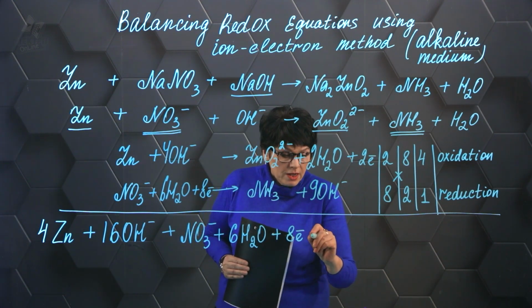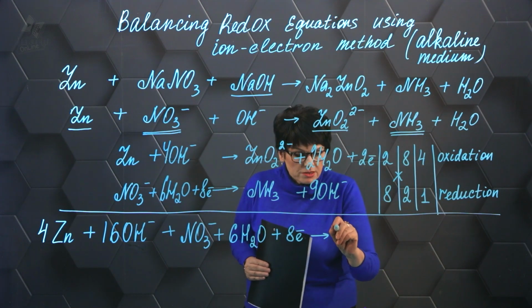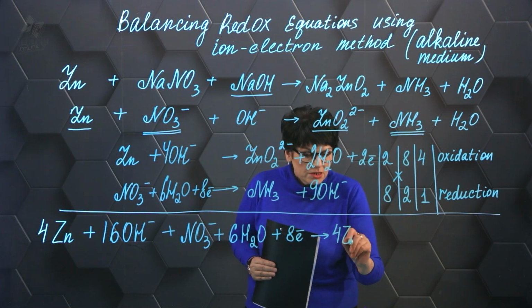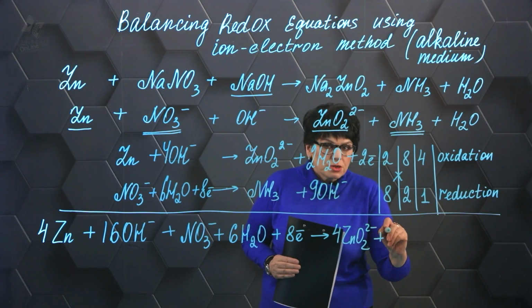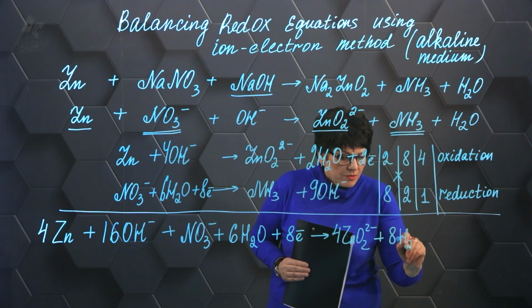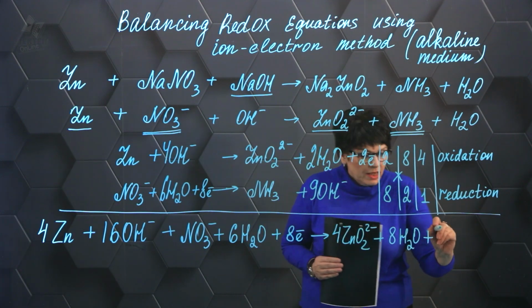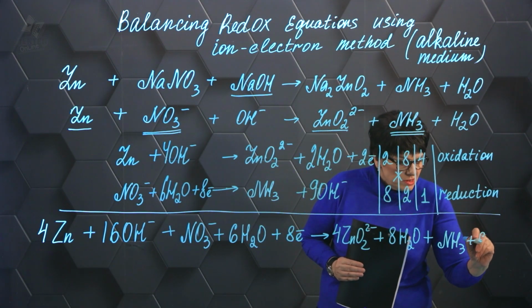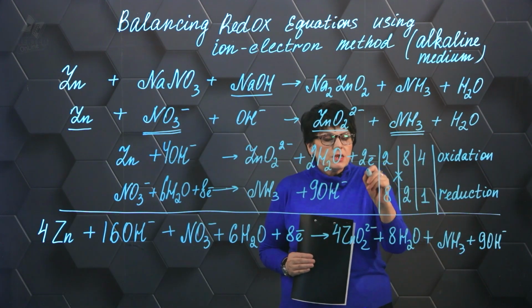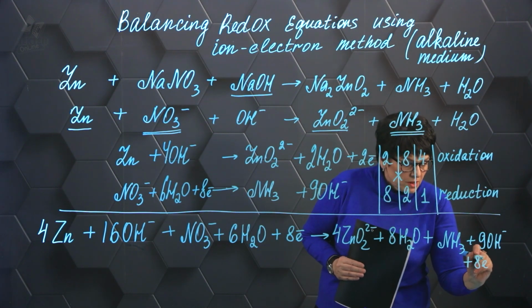Then we go to the right hand side. Here we have 4 zinc O2 2 minus plus 8 H2O, plus the second half reaction NH3, and plus 9 OH minus, and the number of electrons that will be given up, plus 8 electrons. The number of electrons is balanced.